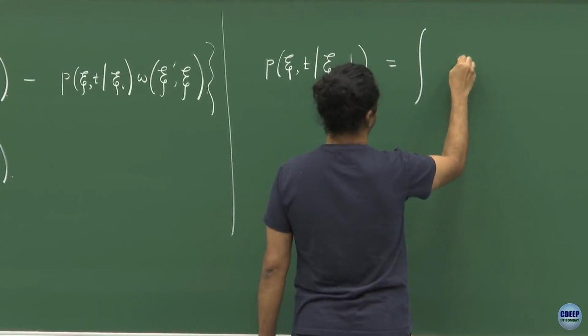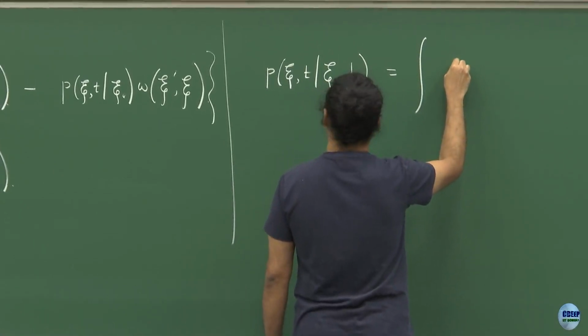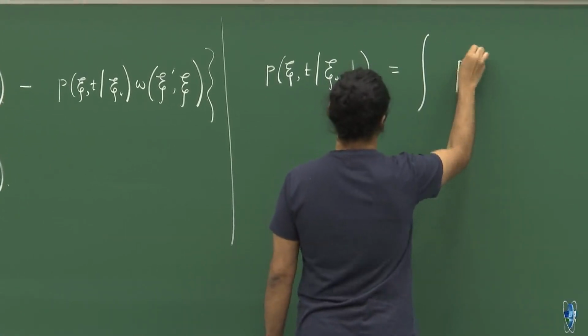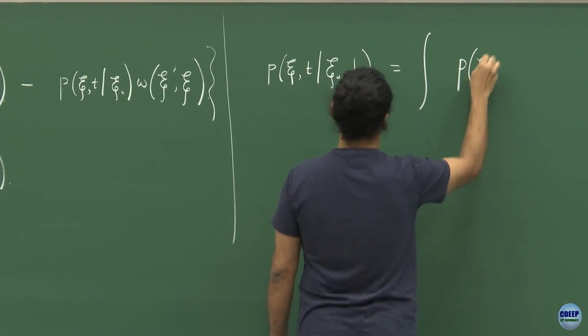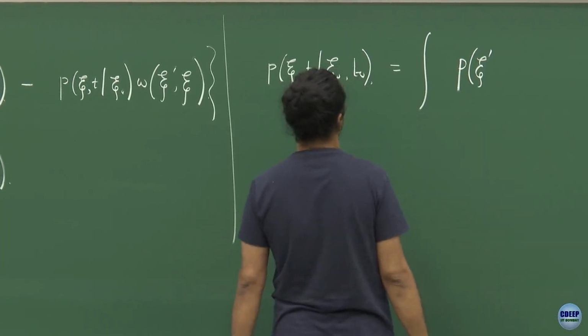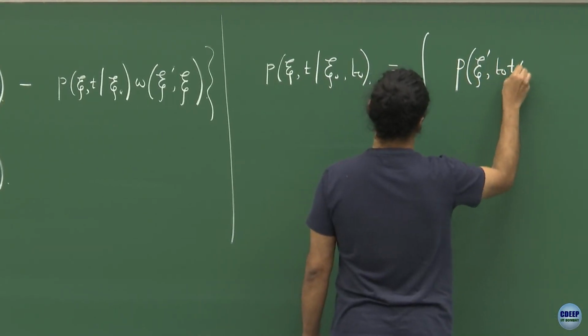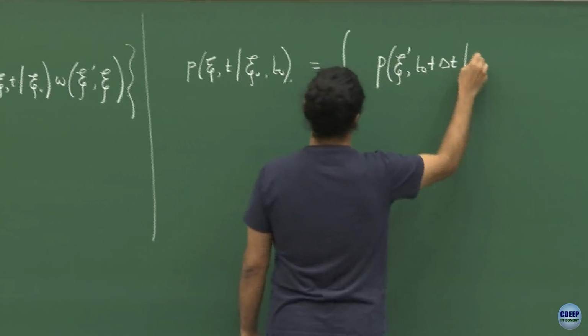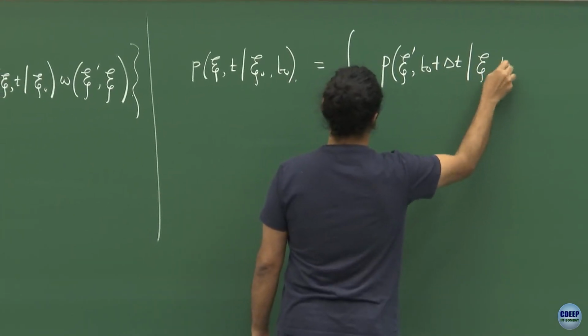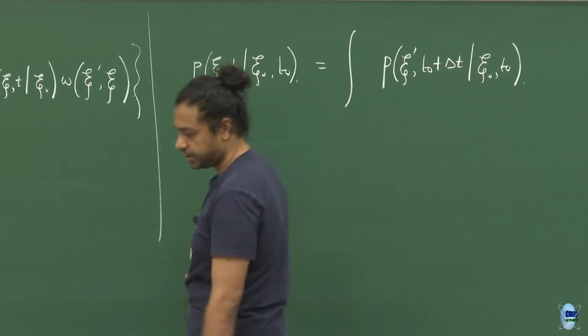So let us say that I have transitioned to a state psi prime in time t naught plus delta t, starting from state psi naught at time t naught. Okay.